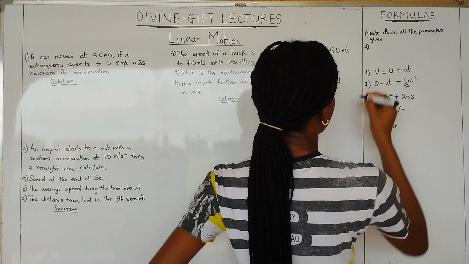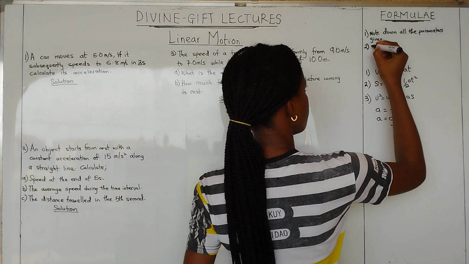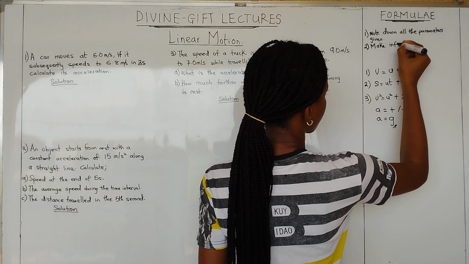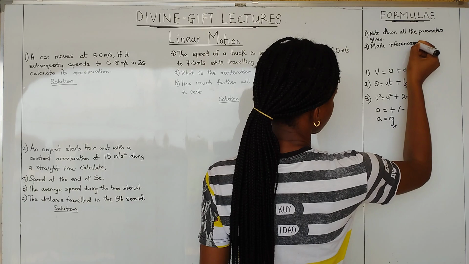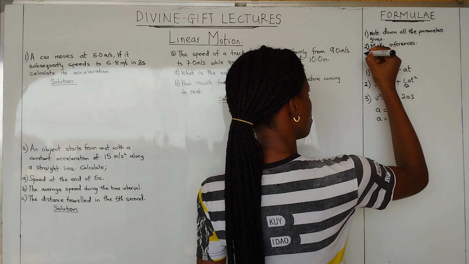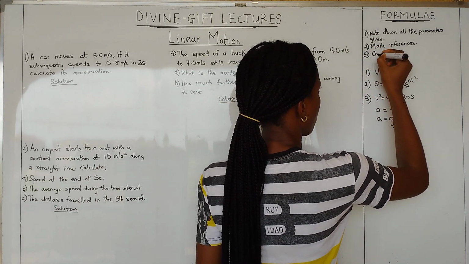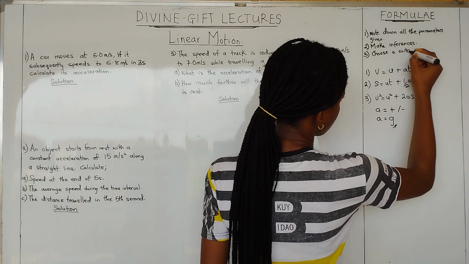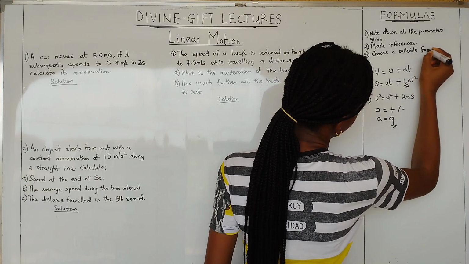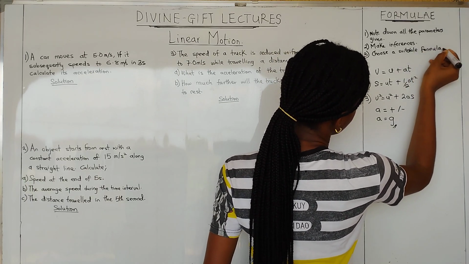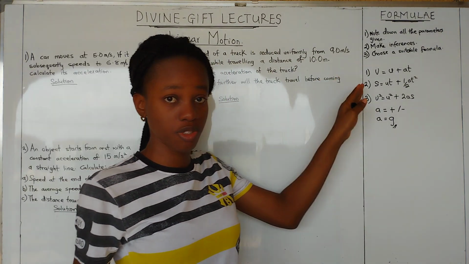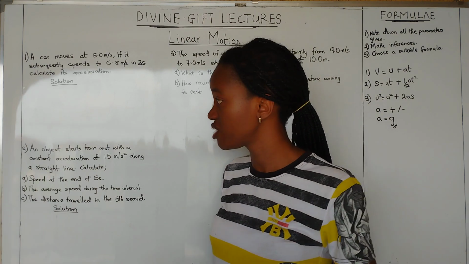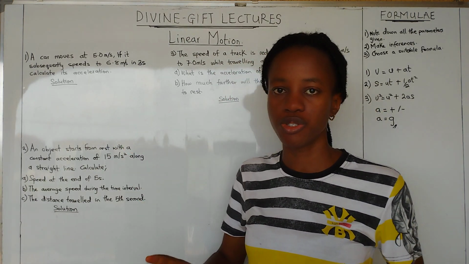Number two is to make inferences. Number three is to choose a suitable formula. So these are the three basic steps to solving any question under linear motion. I'll be using these questions to show you how to solve questions on linear motion.